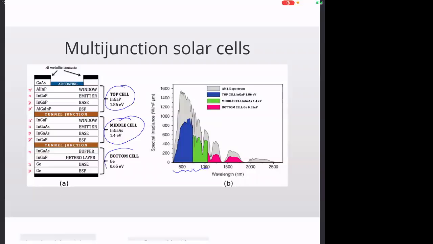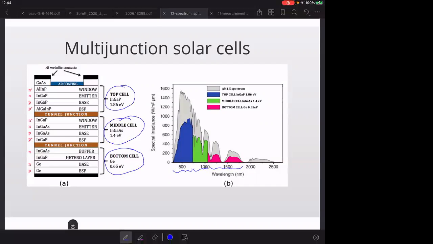And then there's a bottom cell, which is the third part of the sandwich, which has the lowest energy, and that absorbs this pink part of the photons, which is the lowest energy photons. So you can see what happens is that for the top cell, because the band gap is so high, let me just draw it.